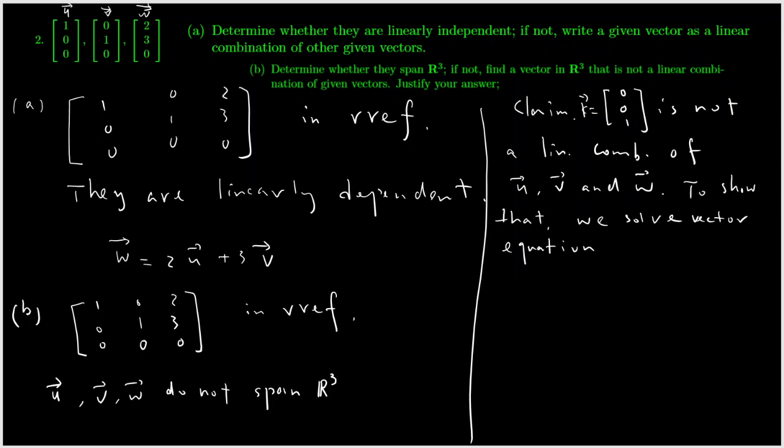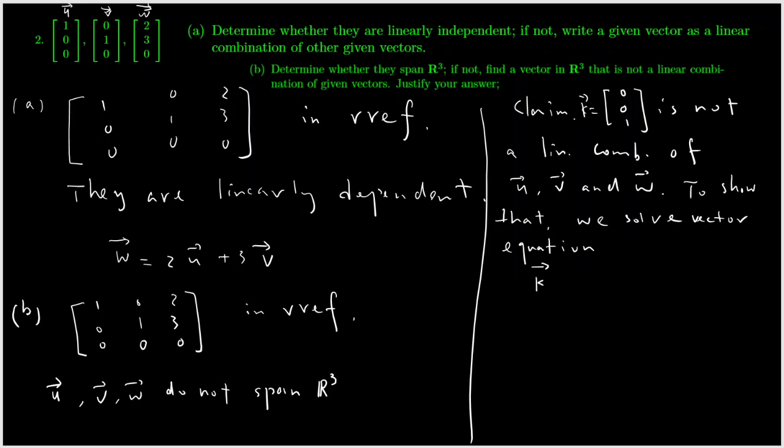Again, we want to determine if k is a linear combination of U, V, and W. So the corresponding vector equation is the following.